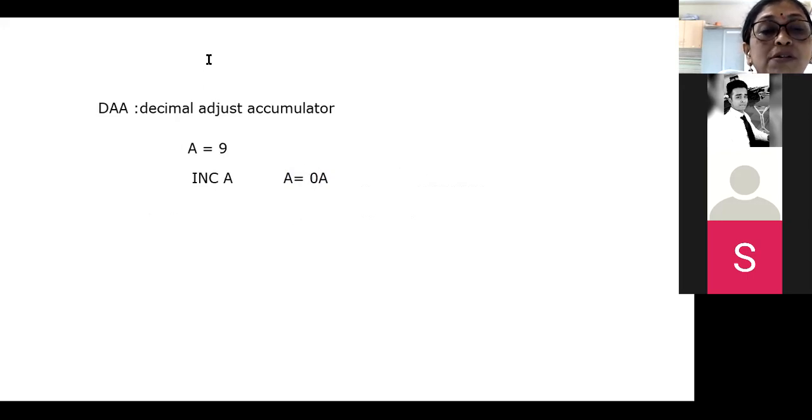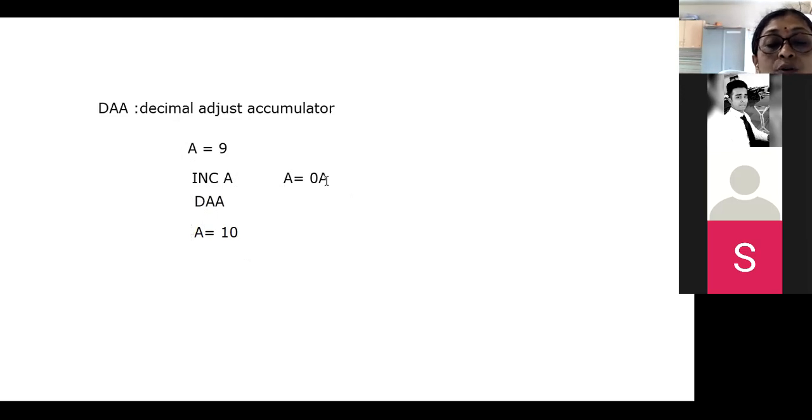Suppose you execute the instruction DAA after INC A, what will happen? Initially you have executed INC A, then you have executed DAA. Then what will the accumulator contain? In this case the accumulator will contain 10 and not 0A.